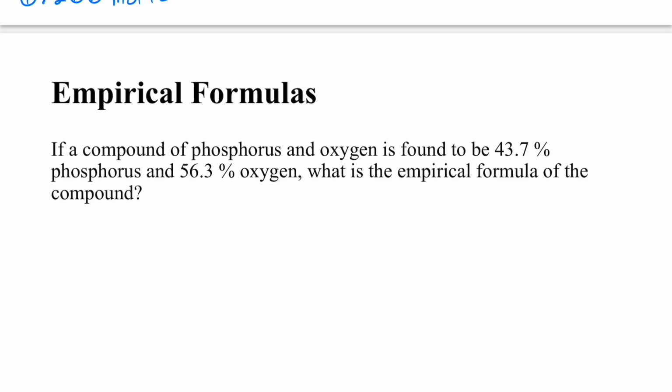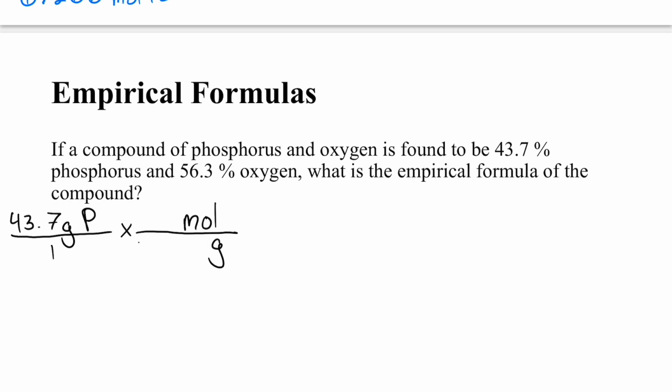And so once again, first thing I'd do is I'd convert to moles. 43.7 grams of phosphorus, moles over grams to cancel grams.